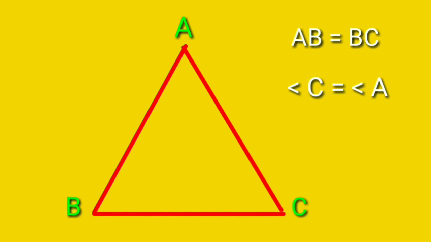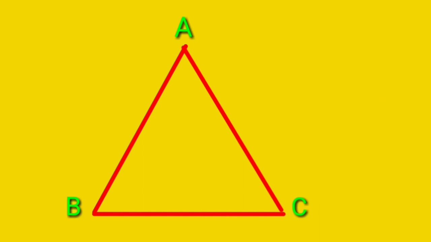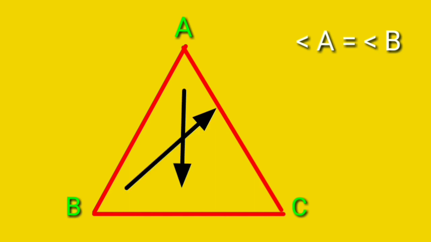Now another property we will discuss. When two angles are equal, then their opposite sides are also equal. Like if angle A equal to angle B, then their opposite sides, BC and AC, will also be equal.